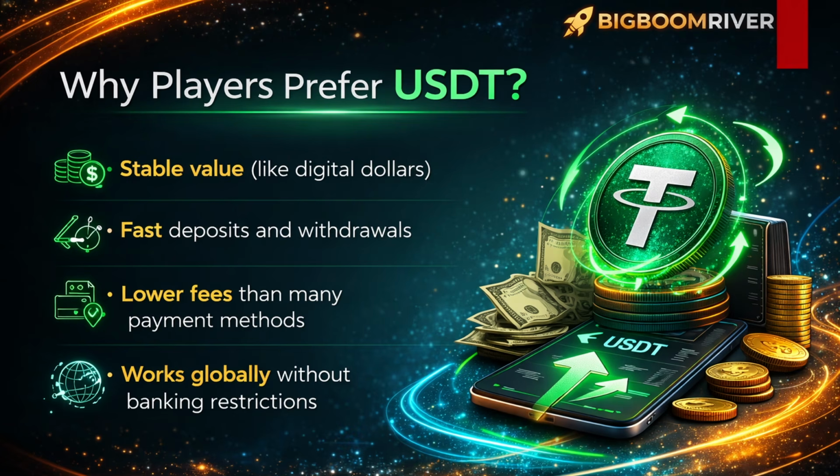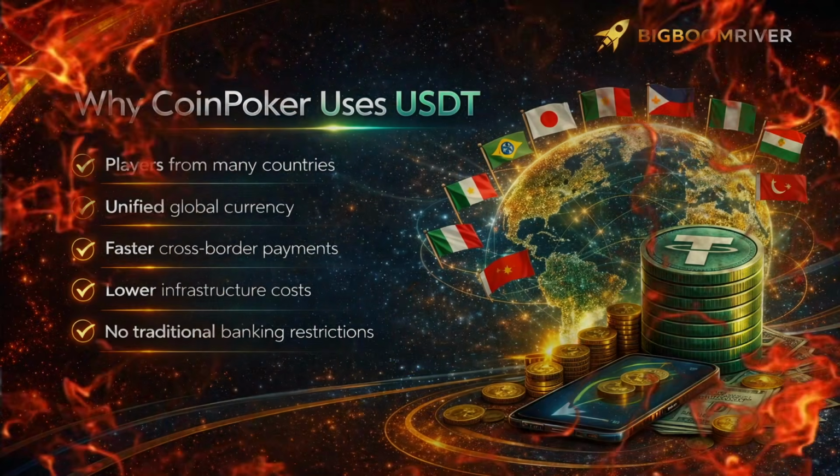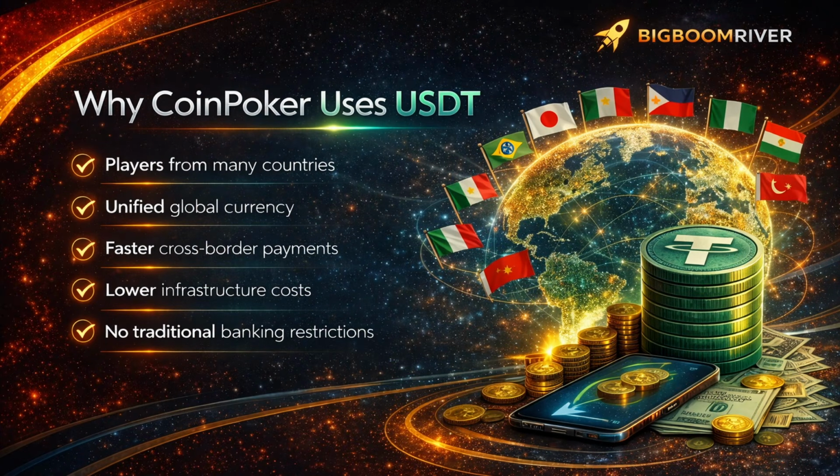for many online players. Now let's look at it from the platform's perspective. CoinPoker has players from many different countries. Instead of dealing with dozens of local currencies, exchange rates, and banking systems, using USDT allows them to operate with one unified global currency that simplifies everything.